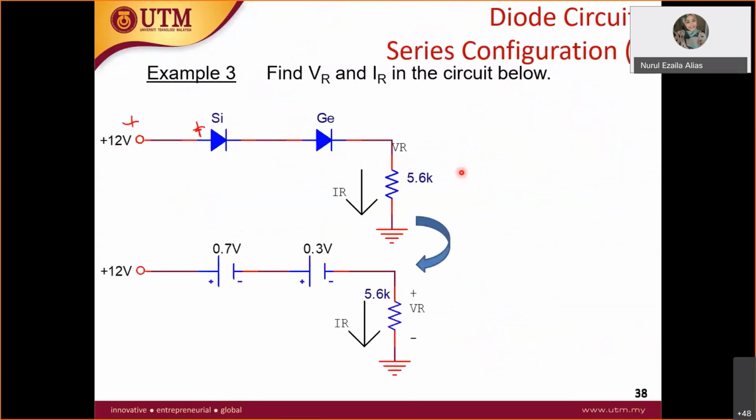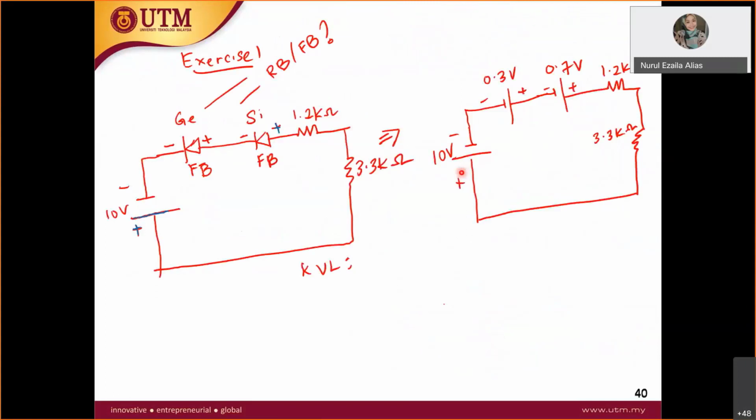About this one, you want to make your loop in the right way. So you do it like this. Current always goes out from plus, therefore my loop will be in this direction. This will be my current direction.